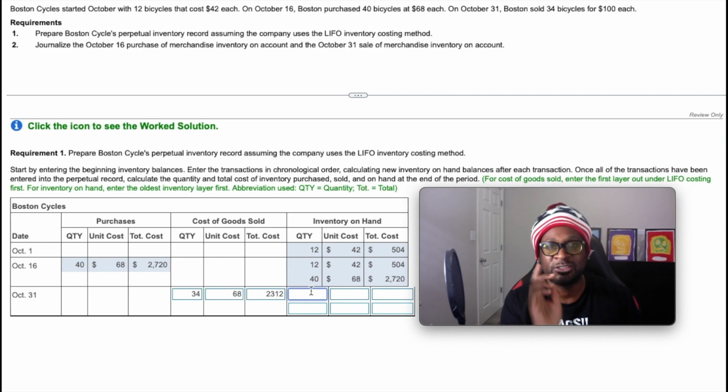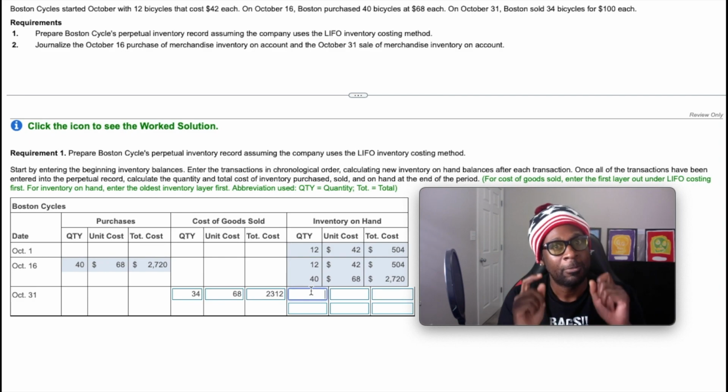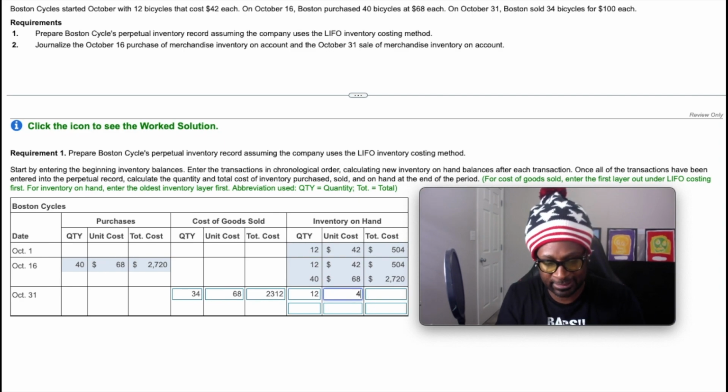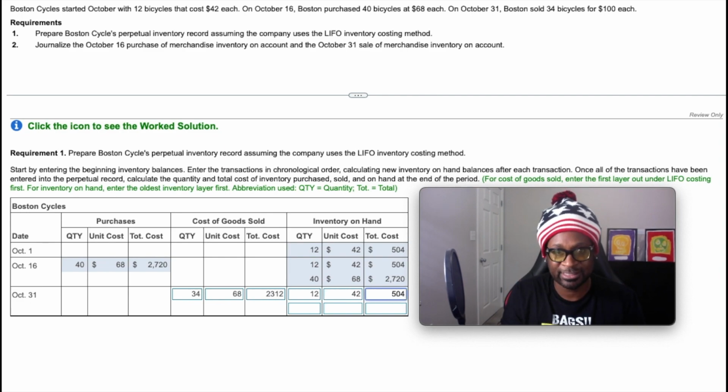Now, it's time to focus on the units we have left in ending inventory. So gang, we just sold 34 units that came from that October 16th purchase, initially of 40 units. But we also didn't sell any units in beginning inventory. They are still available on hand, so we need to report those. So we're going to report the 12 units at $42, which gives us a total cost of $504.